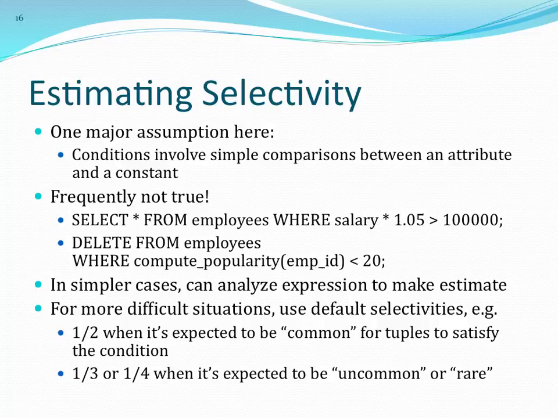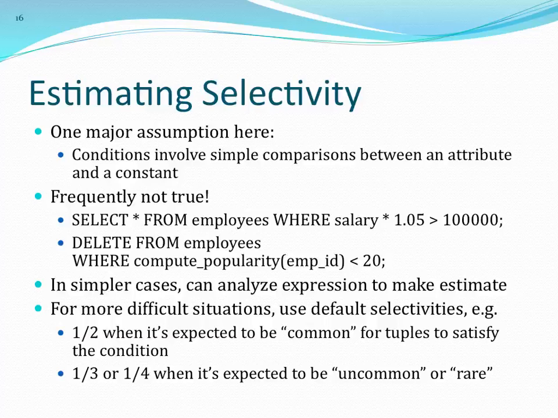For example, in this example, delete from employees, if you were doing this at Walmart, I don't think Walmart does that, but they have a lot of employees. And so if you're running this kind of predicate, you would have to be very careful because you couldn't just keep track of computed popularity for each employee ID. But maybe what you do is you say, I'm keeping track of computed popularity of employee IDs and the selectivity of that particular conjunct. Maybe you could do something like that and actually see what it produces. That would be an interesting thing to explore in a 123 project, but it would probably also be challenging. But that would be fun.